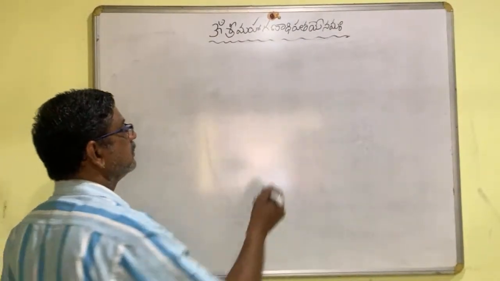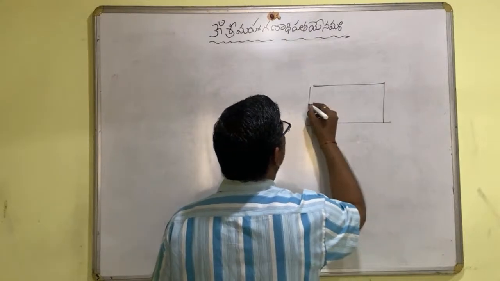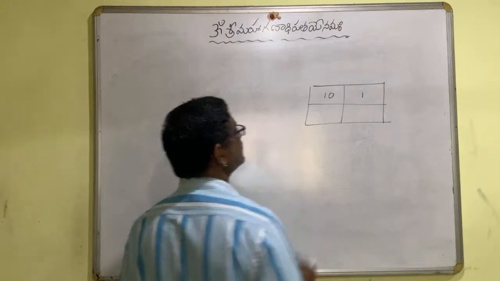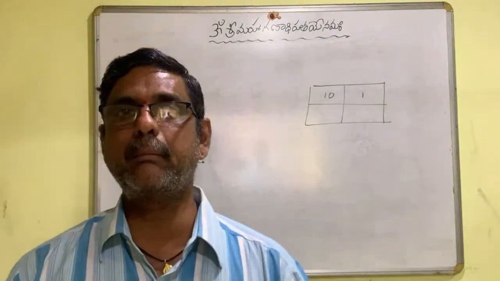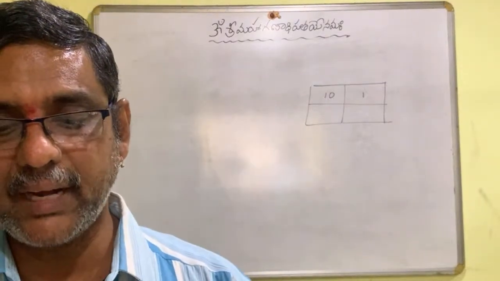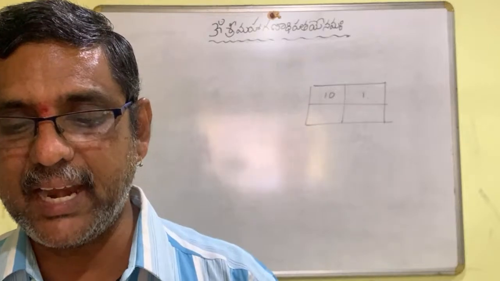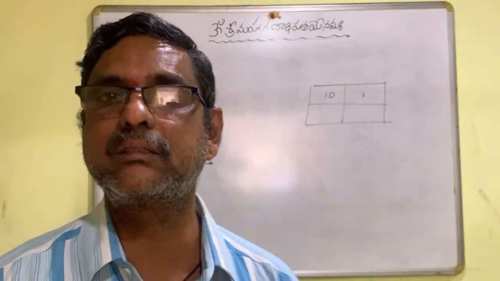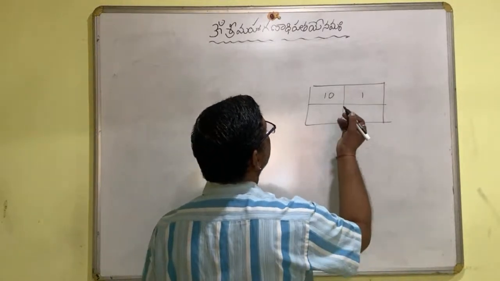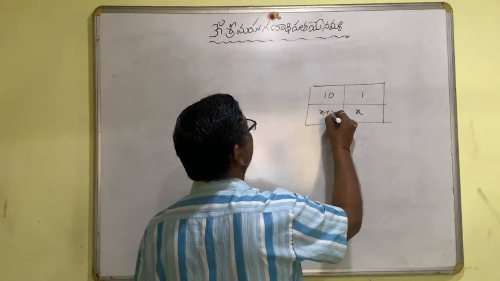A 2-digit number means we have a ones place and a tens place. The digit in the units place is 5 less than the digit in the tens place. Is that right?